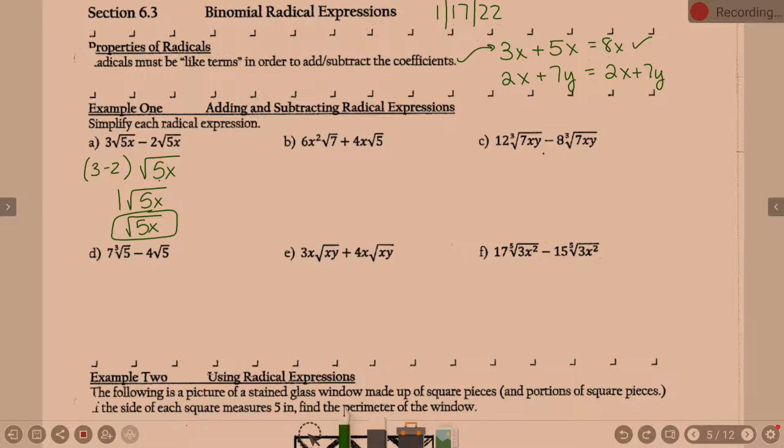So if you have no number in front of a radical, realize there's always that invisible 1. It doesn't matter that there's 2 square roots of 5x's. There's really 3 square root of 5x's, and we're taking away 2 of them. So now you're left with 1 when we have 3 and we take away 2.